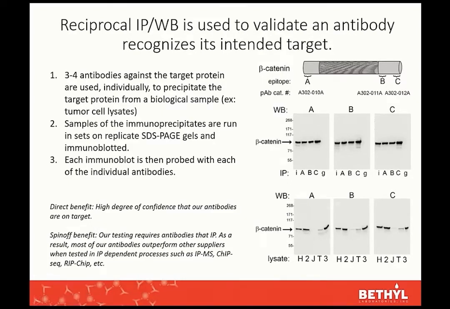And when we see that the pattern of bands are the same, this gives us a high degree of confidence that our antibodies are on target. And so using multiple antibodies to different areas of the protein is a highly effective method to validate your antibody.